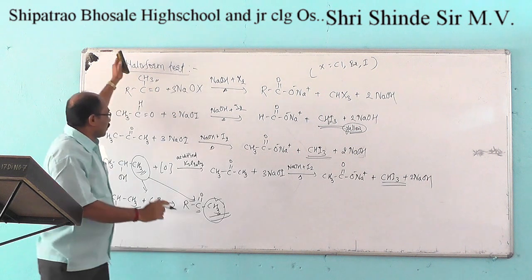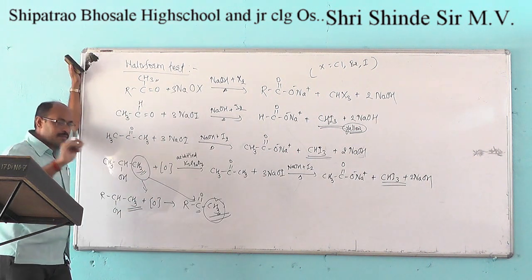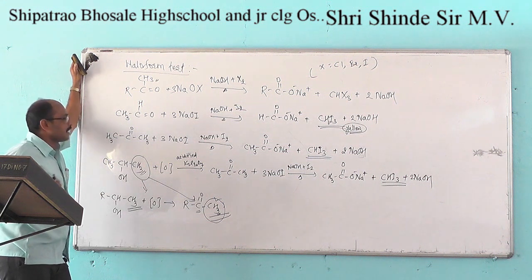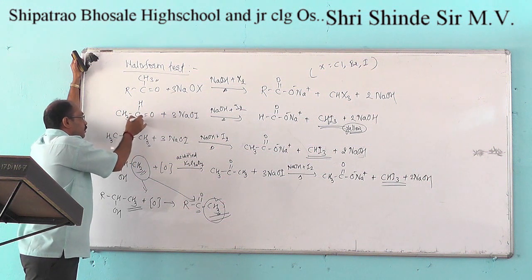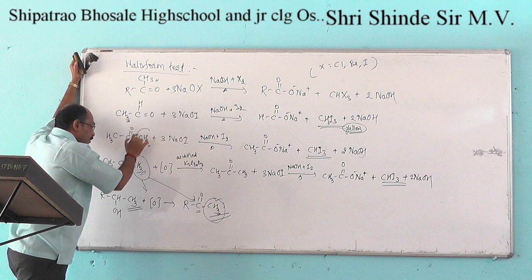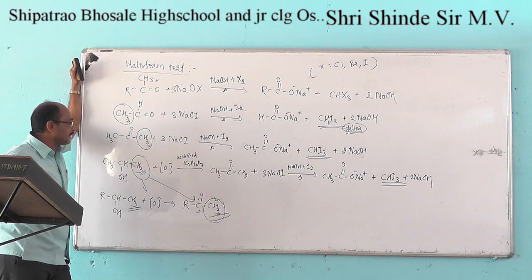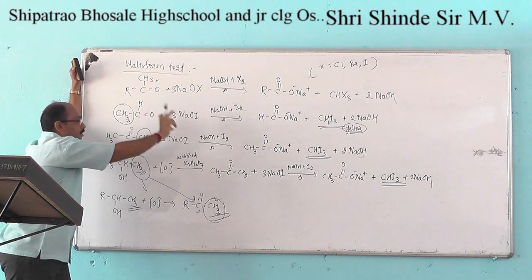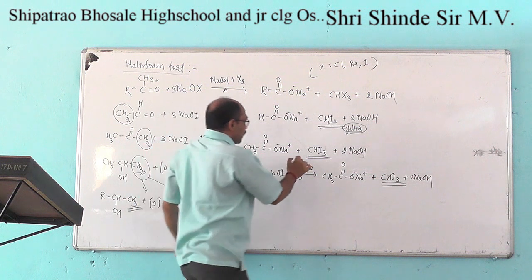We have to know about this reaction that the prepared salt of carboxylic acid has one carbon less than the aldehydes or ketones. In these reactions, the methyl group which is present on the carbon is converted into iodoform.